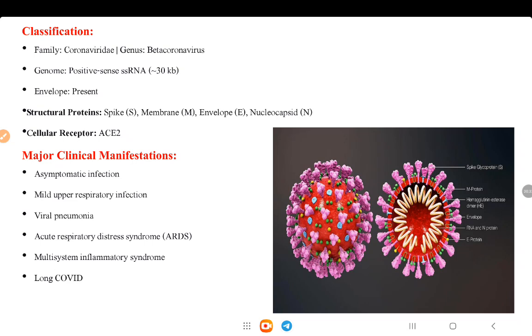The cellular receptor is ACE2. In general, the clinical manifestation of this virus ranges from asymptomatic infection to mild upper respiratory tract infection, viral pneumonia, acute respiratory distress syndrome, multisystem inflammatory syndrome, and long COVID.